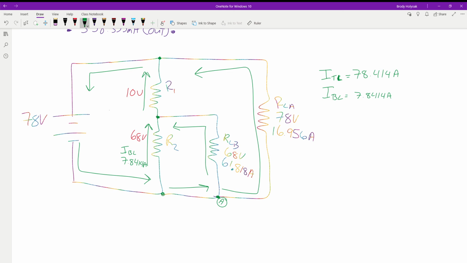How much current do we have, and what direction is it coming into at point A? We've got 78.414 going out. So how much current do we have to have going into that node? 78, because they have to be equal.